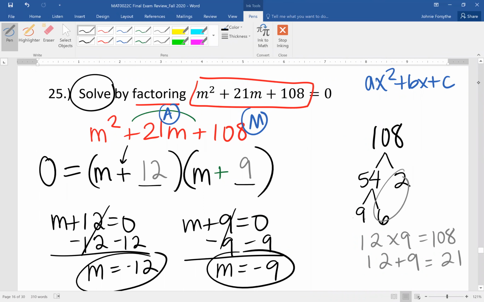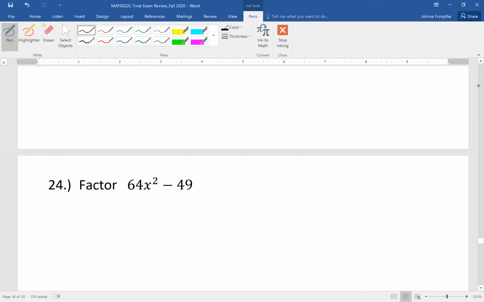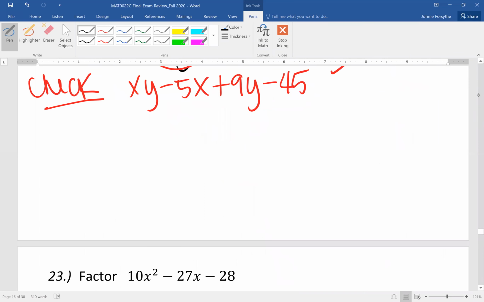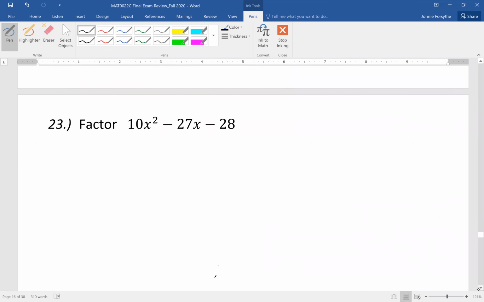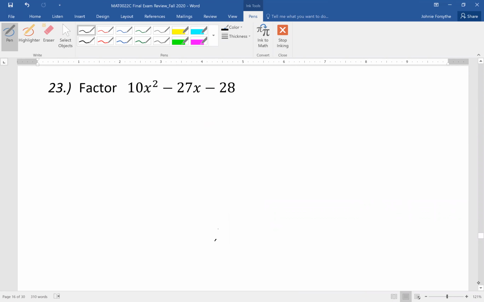Okay, so let's do that. We'll go back to this problem here. So we've got 10x squared minus 27x minus 28. Again, we're always checking to see if we have a greatest common factor to factor out. And I do not have a GCF to factor out here.